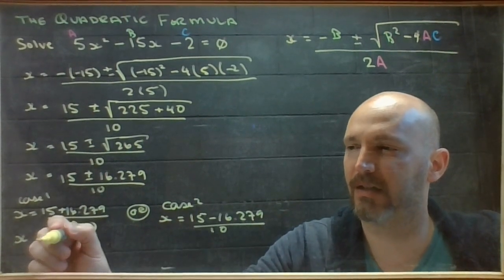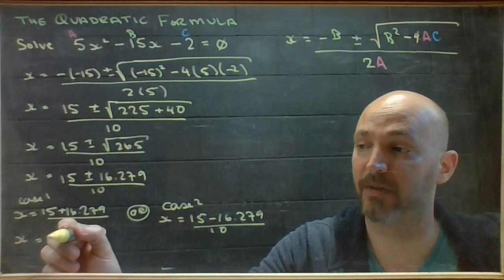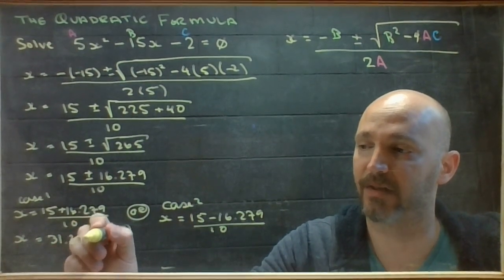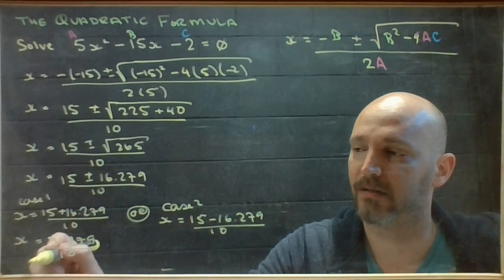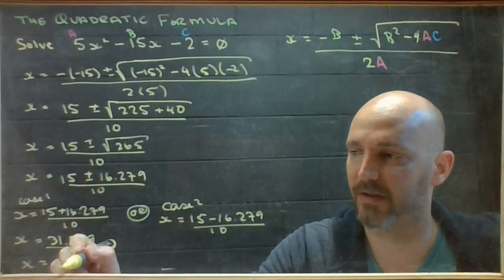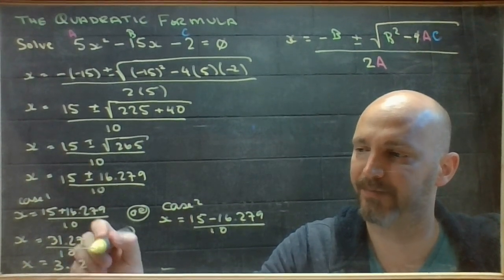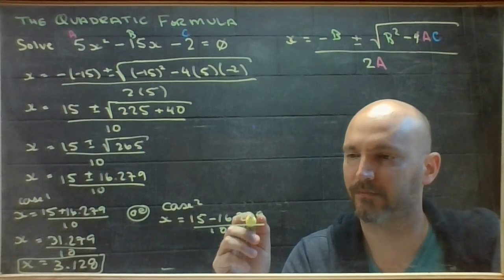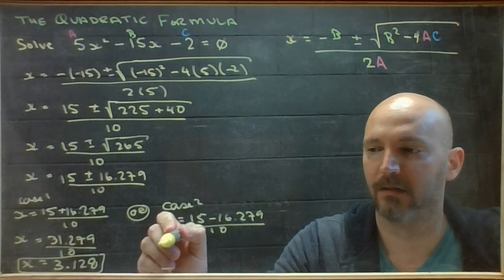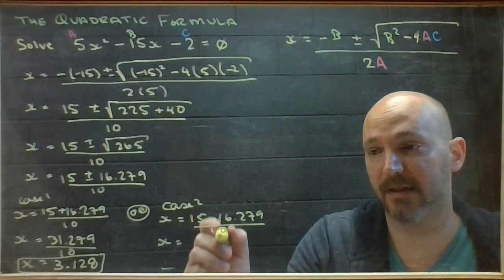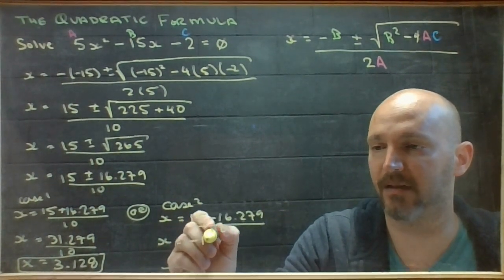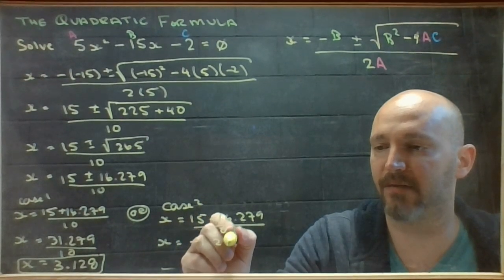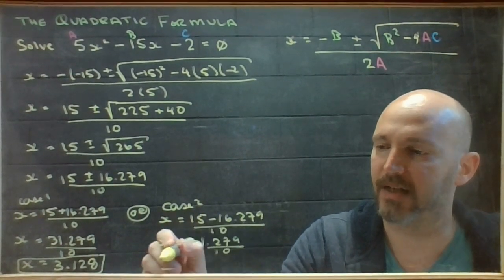So this one here, 15 plus that would be 31.279, and that divided by 10 would be 3.128 if I round. This case, 15 minus 16.279 will be negative 1.279 divided by 10.